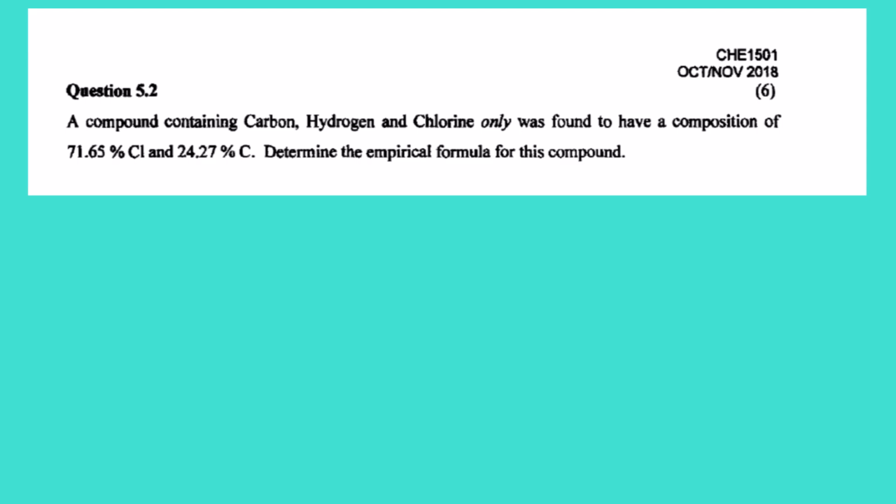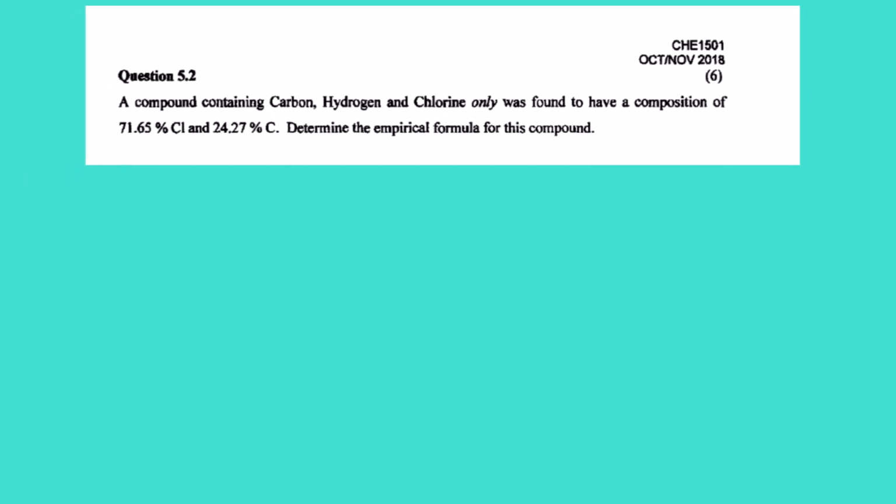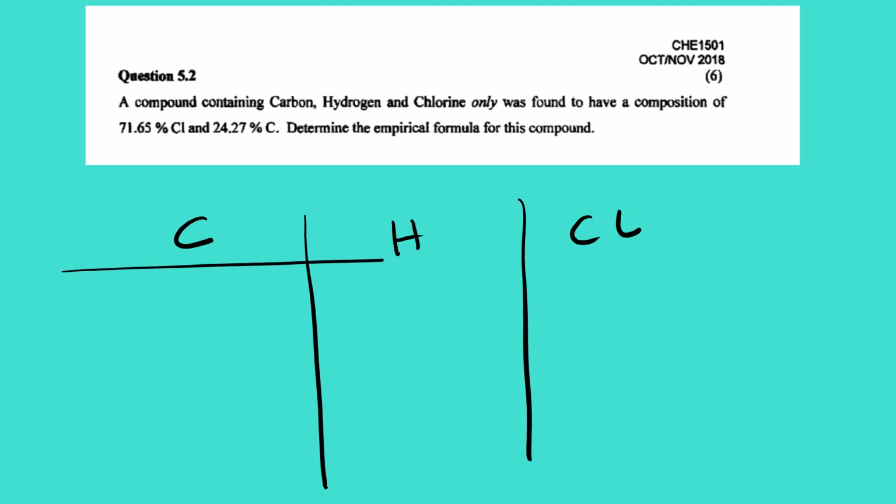Now we can tabulate this. We have carbon, hydrogen, and chlorine. Now we know that when we add the compositions, they must add up to 100%.